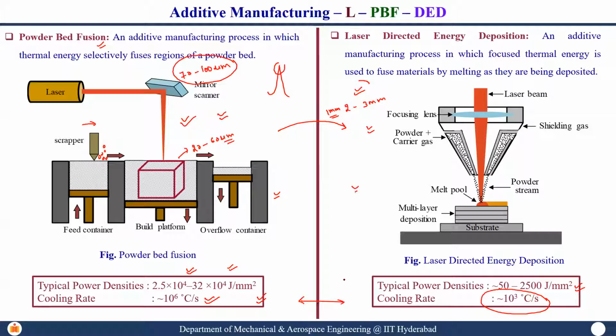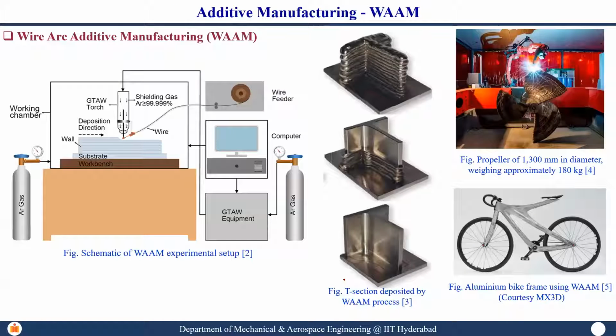Okay, now the next process we have is WAM, wire arc additive manufacturing, which is once again a very popular process. Nowadays, people are very interested in large area additive manufacturing or big area additive manufacturing, either LAM or BAM.